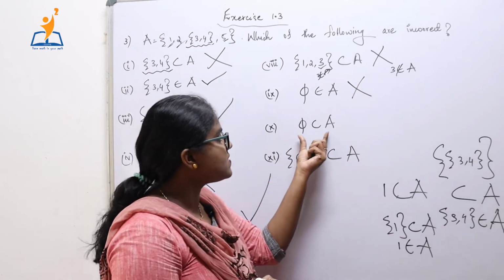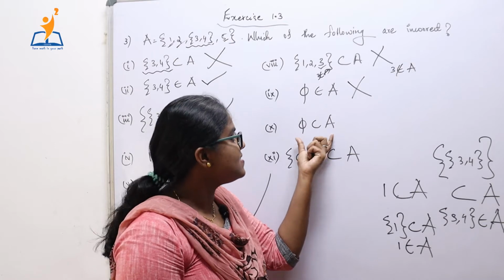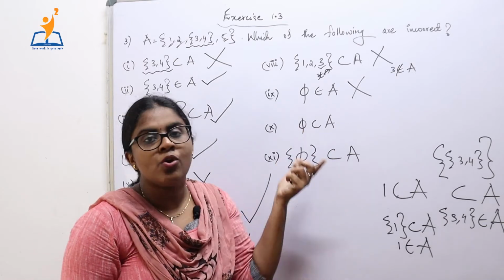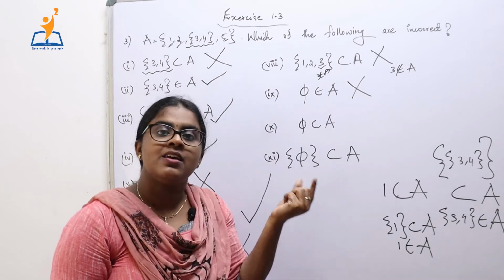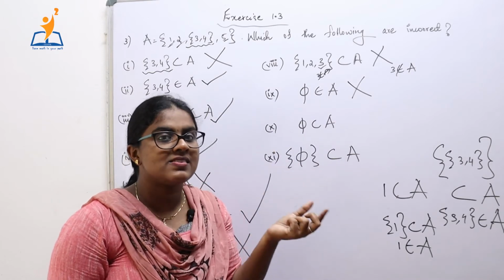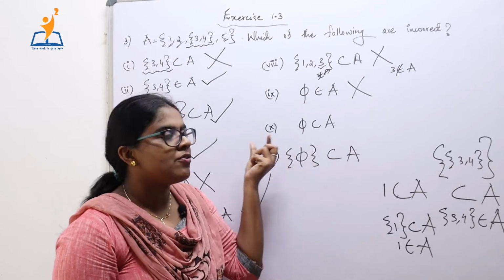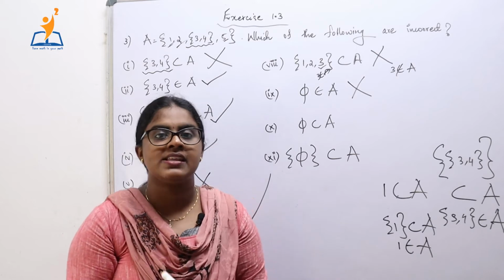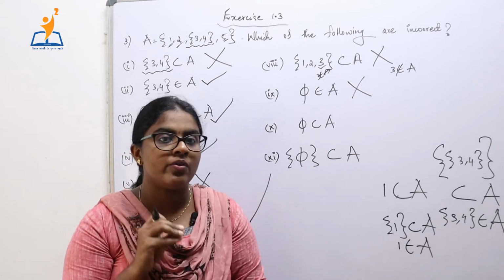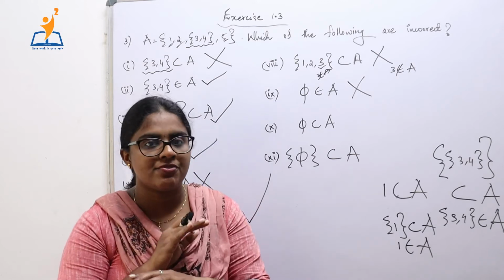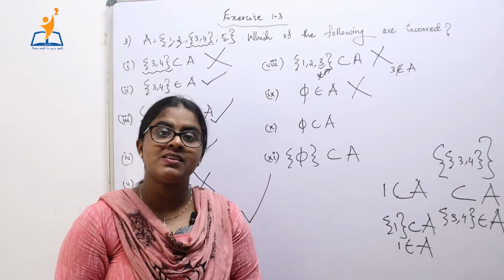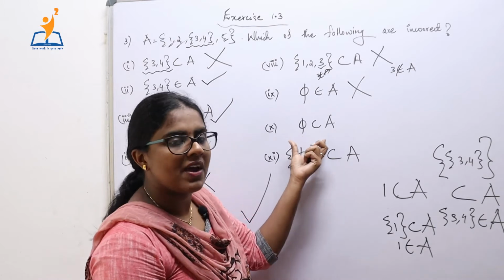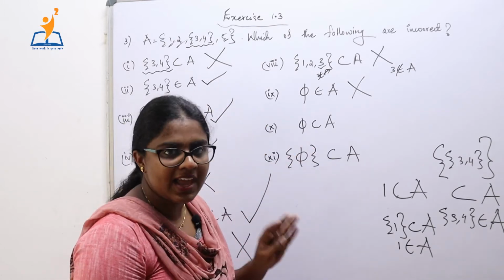Now we have to check the next statement, that is 5 is a subset of A. And we know that 5 is a set. What set? It is the empty set. We have learned in the previous class that empty sets are always subsets of every set. So 5 is a subset of every set, and we can say that 5 is a subset of our set A also.